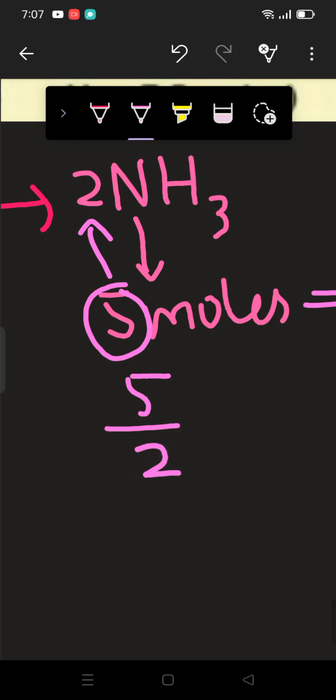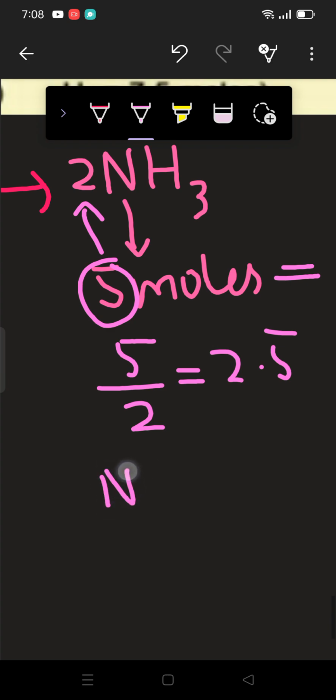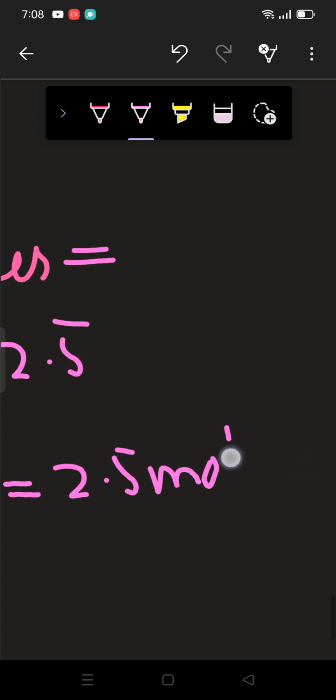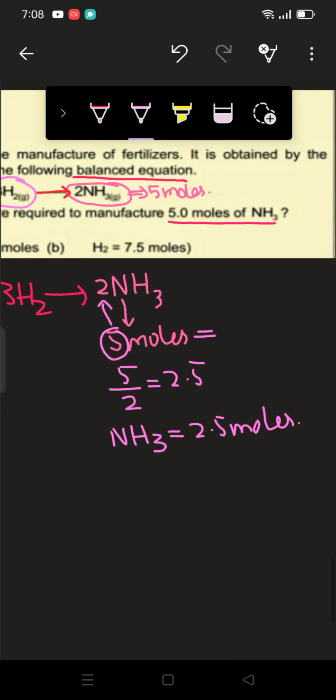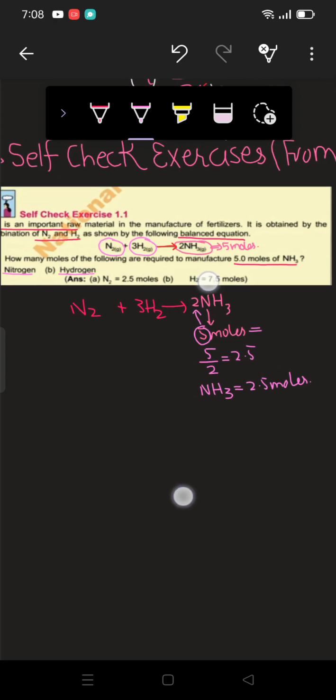So 5 divided by 2 is equal to 2.5. Here I got to know that one NH3 has 2.5 moles.